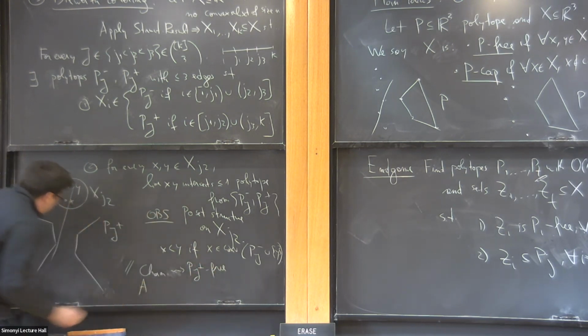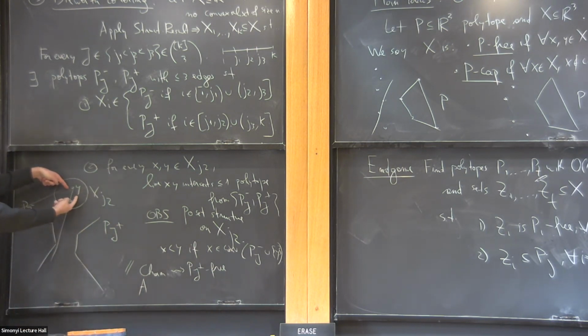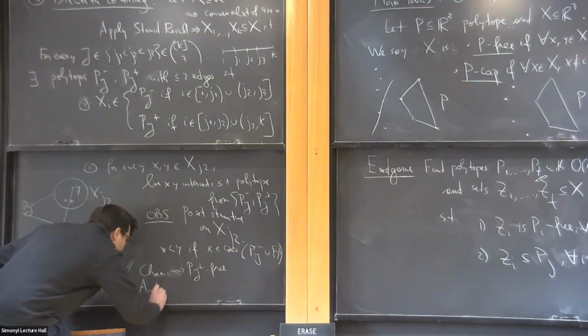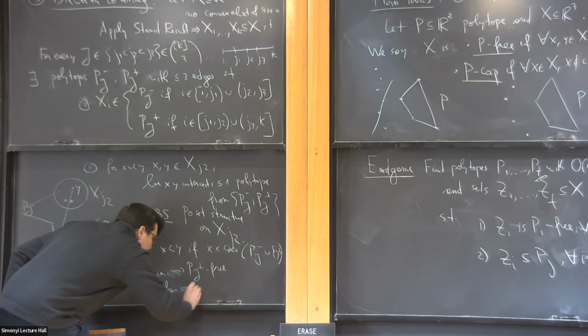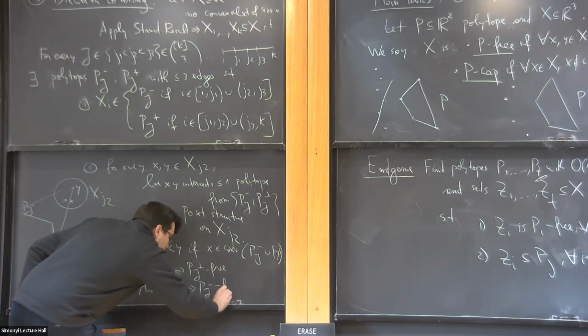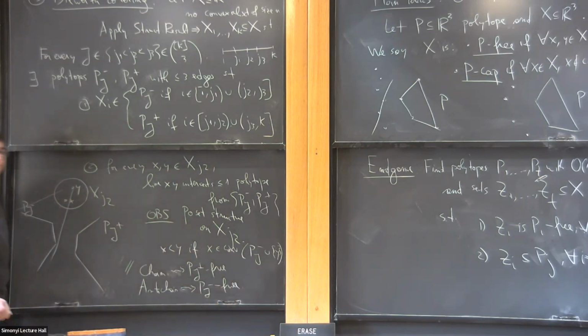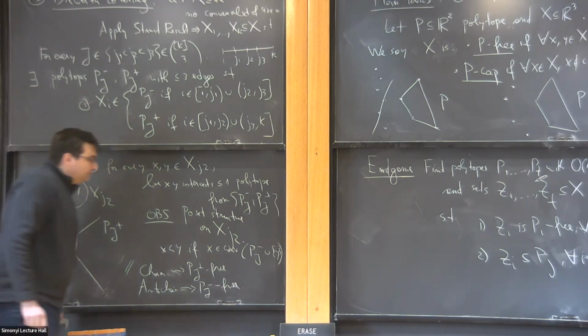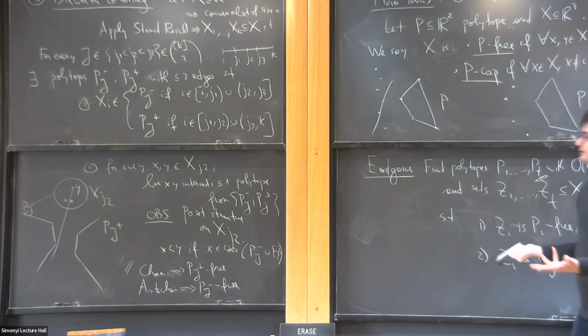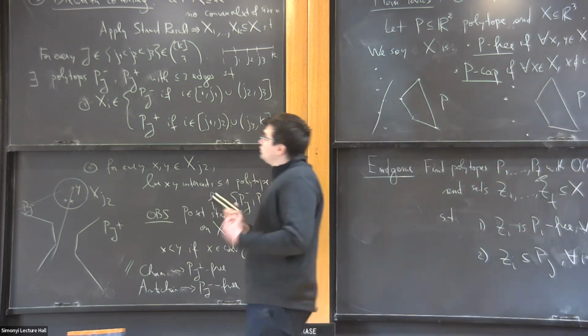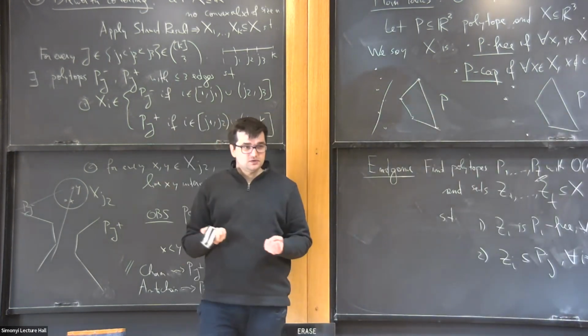And well, the line through corresponds to something that's PJ minus free. And Dilworth's theorem tells us that we can define a proper 2-coloring of K choose 3.